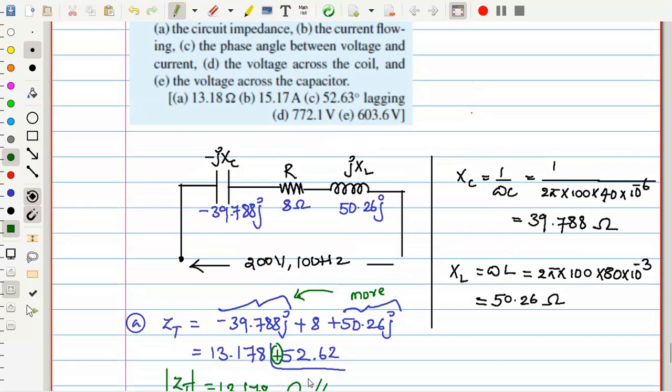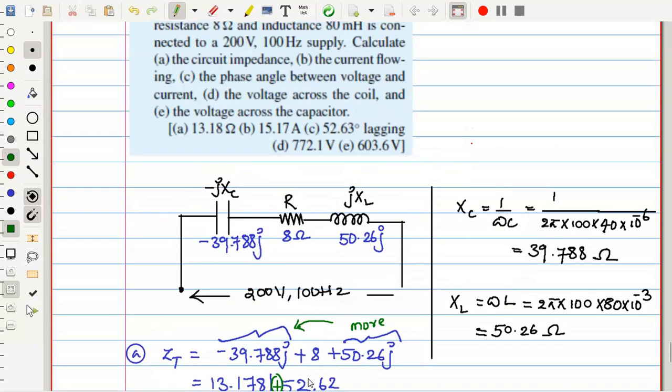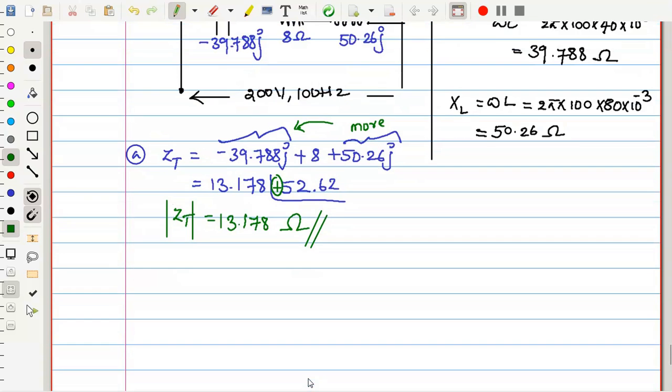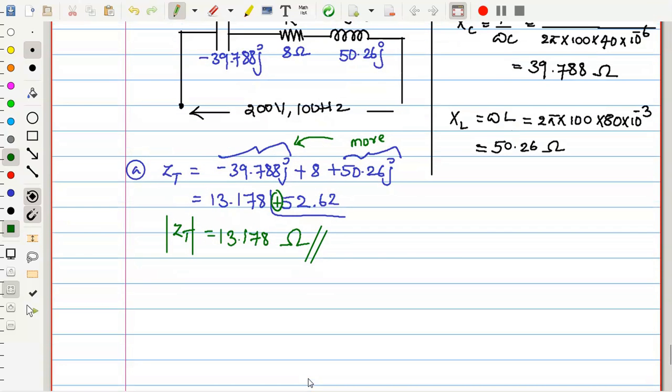Next thing they are asking, since the circuit impedance is over, is the current flowing. So instead of only calculating the current magnitude, hereafter I will follow a trick. Whether they asked only for magnitude or not, I will try to stay in phasor form. So let us say this is the current I bar, and let the voltage be the reference, because current is not given, only voltage is given.